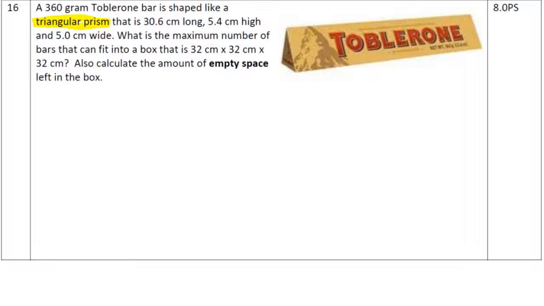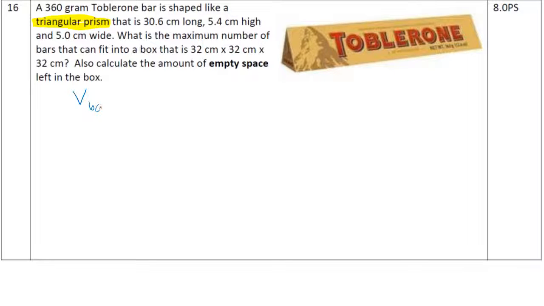The first thing I'm going to do, not necessarily because it's the first thing I need to do, but because it's just a calculation, is work out the volume of the bar. In exams, if there is something you can calculate, you probably should calculate it.